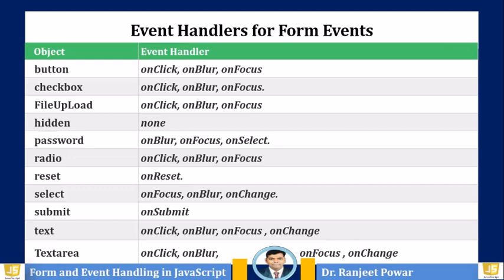For reset and submit buttons, there are onReset and onSubmit event handlers respectively. But for the hidden element of the form, there is no event handler. In the next part of the video, you will see how to use events and the event handlers in JavaScript programs.